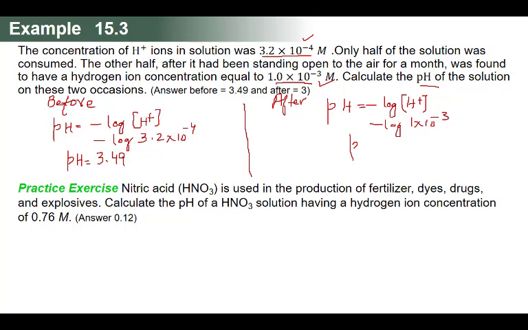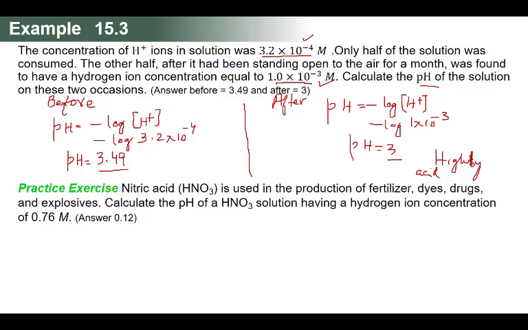So pH will be equal to 3. So before the pH was 3.49 and after it was 3. So after opening the bottle, the pH became lower, and this is more acidic.